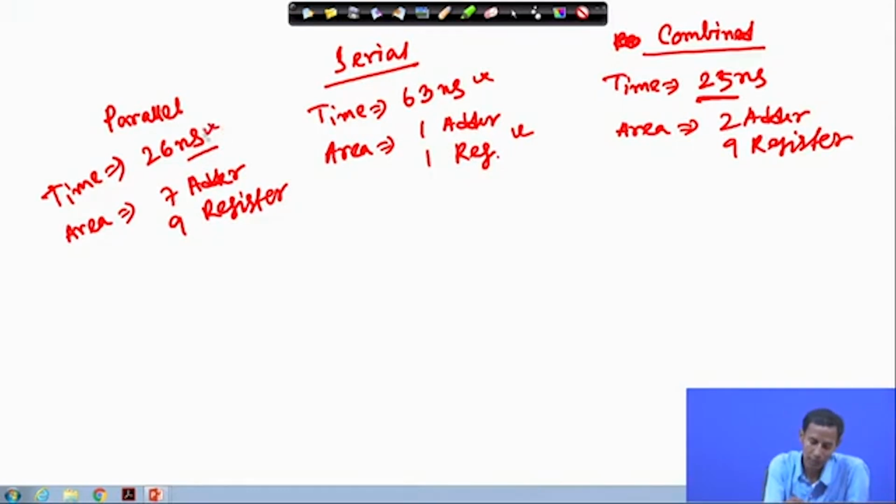In this case the computation time is very good, but the area requirement is very poor. But in this case I can manage, the time is also good, the area is also good. That means both advantages of serial and parallel are being used in this particular case to get the corresponding optimized hardware for running average circuit.